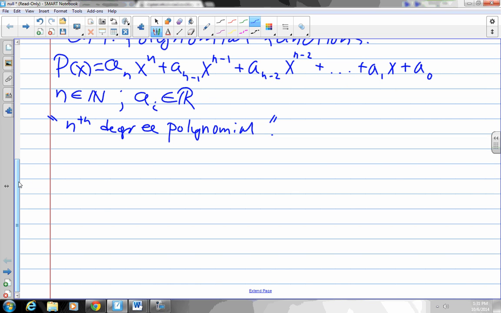The first term, the term that carries the highest power, that's the leading term. It's just some verbiage. So the leading term is whatever carries the highest power. A sub n by itself, that's the leading coefficient.